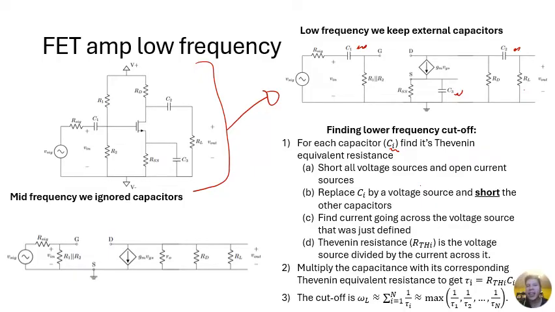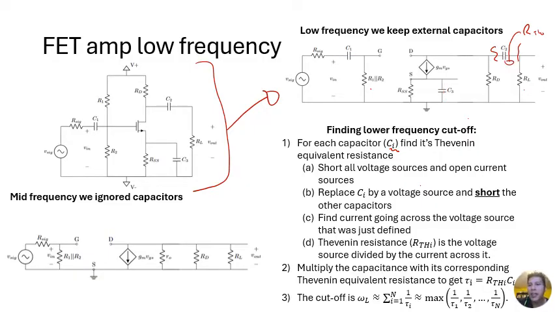Just to give you an idea, if I want to find the Thevenin resistance for C1, I would remove this capacitor and look for R Thevenin looking into here, and then I would short out the other two capacitors. If I want to do this for C2, I would remove this capacitor, look for R Thevenin looking into here, and then short out the other two.